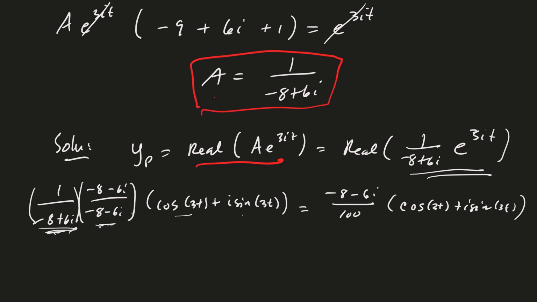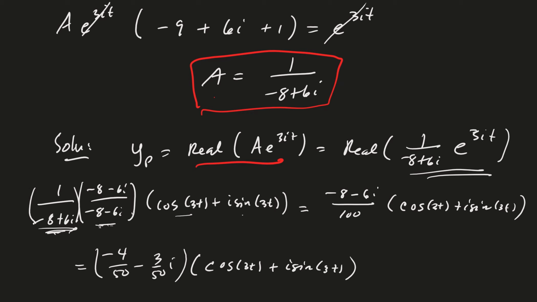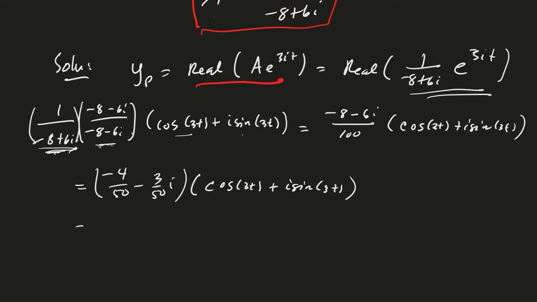And I can simplify that before I get started. Let's go ahead and cancel out the 2's, right? So that would be minus 4 over 50 minus 3 over 50 i, times our cosine of 3t plus i sine 3t. Okay, and so now let's go ahead and multiply the whole thing out.